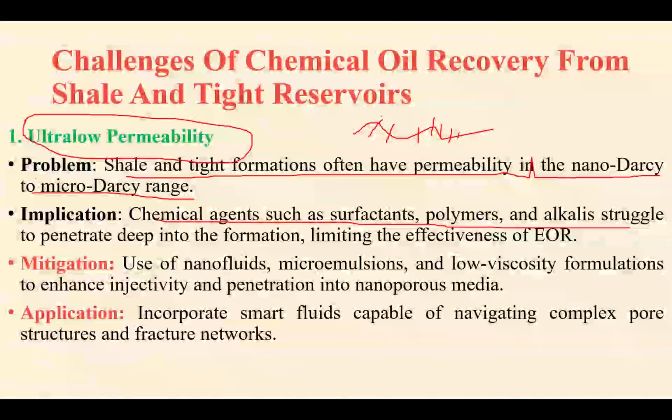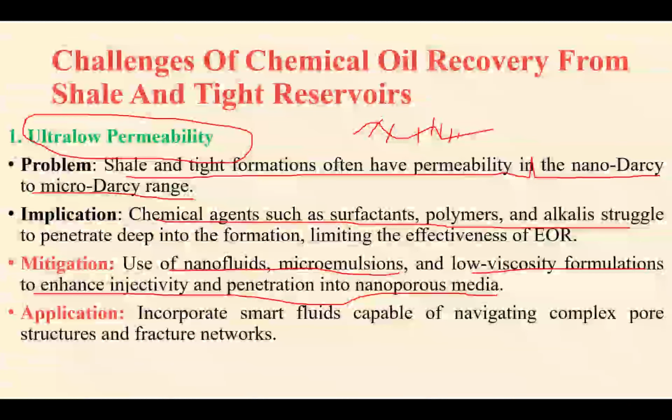It has been found that under this constraint, nanofluids and microemulsions with very low viscosity formulations can be used to enhance injectivity and penetration into nanopore media. That is our objective.